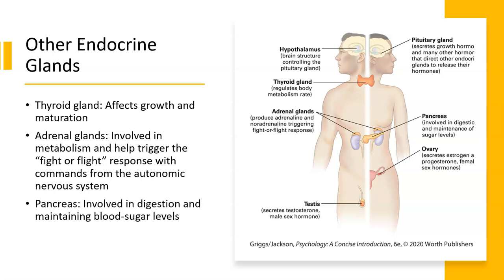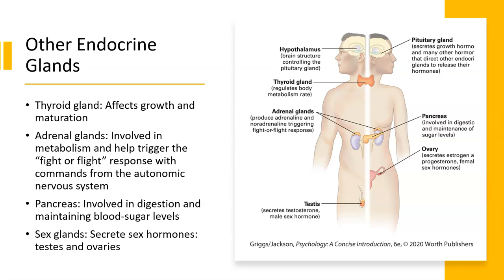The pancreas is involved in digestion and also blood sugar levels. So if you know somebody or you are someone who has diabetes, your pancreas is the culprit there. It's not doing what it needs to do to maintain regular appropriate levels of blood sugar by producing insulin.